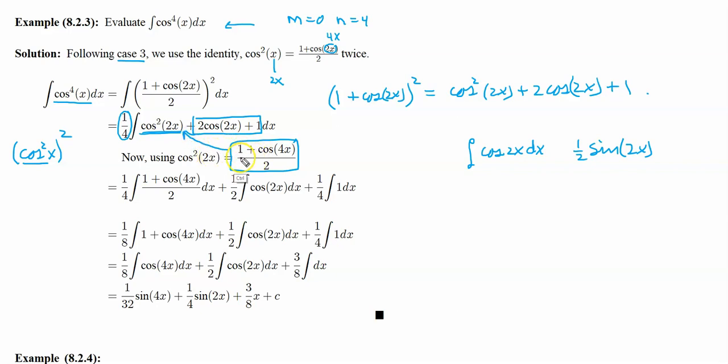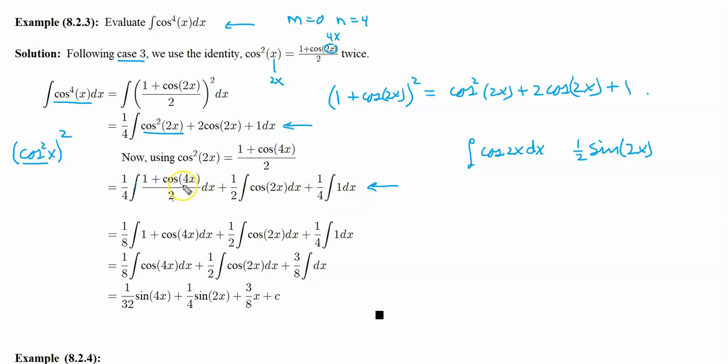So now what we end up with is this. This whole integral becomes 1/4 integral 1 plus cosine 4x over 2 dx. That's our cosine squared. Plus 1/4 times 2 is 1/2 integral cosine 2x. Plus the 1/4 times the integral of 1 dx.